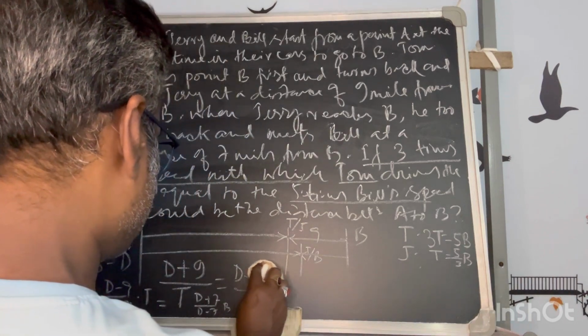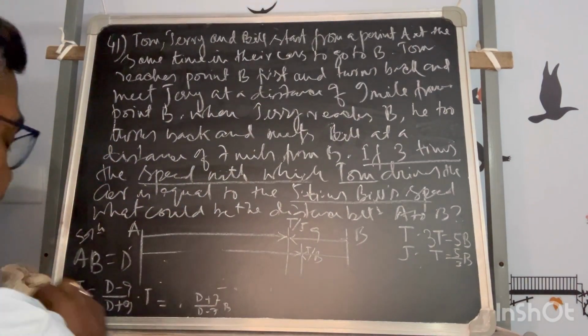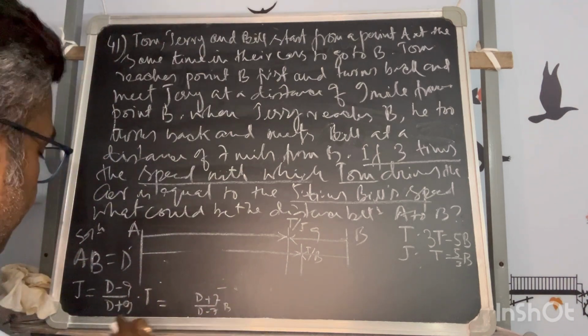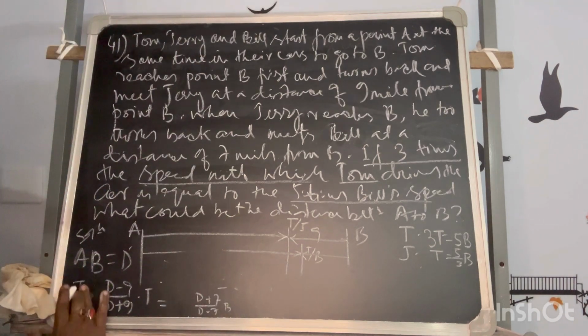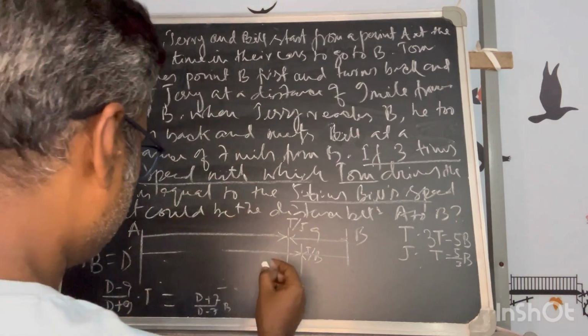Now I need some space. So I equalize these two, and ultimately J is not in the picture. Fine.